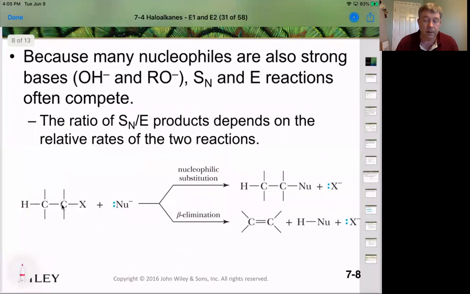Okay. Now, because so many of the nucleophiles are actually strong bases like hydroxide and alkoxide, SN reactions, or nucleophilic substitution reactions, and beta elimination reactions often compete. Okay, so the ratio between the substitution reaction and the elimination reaction depends on two things.